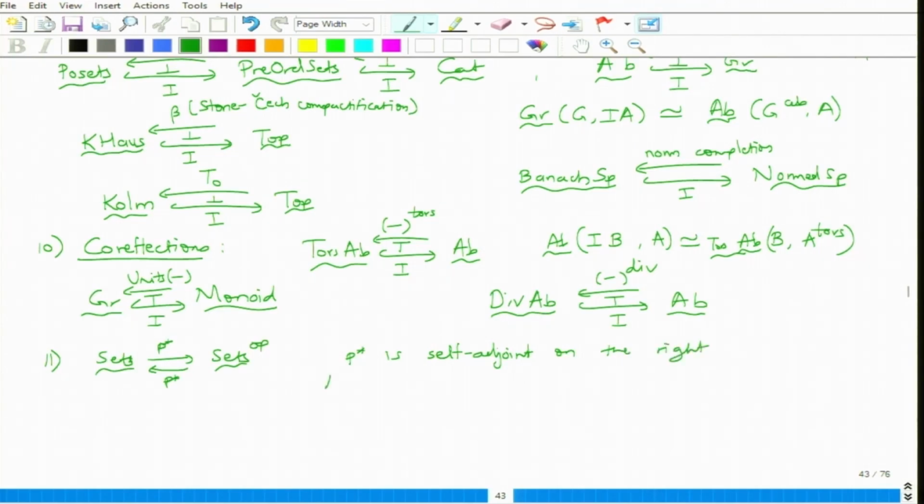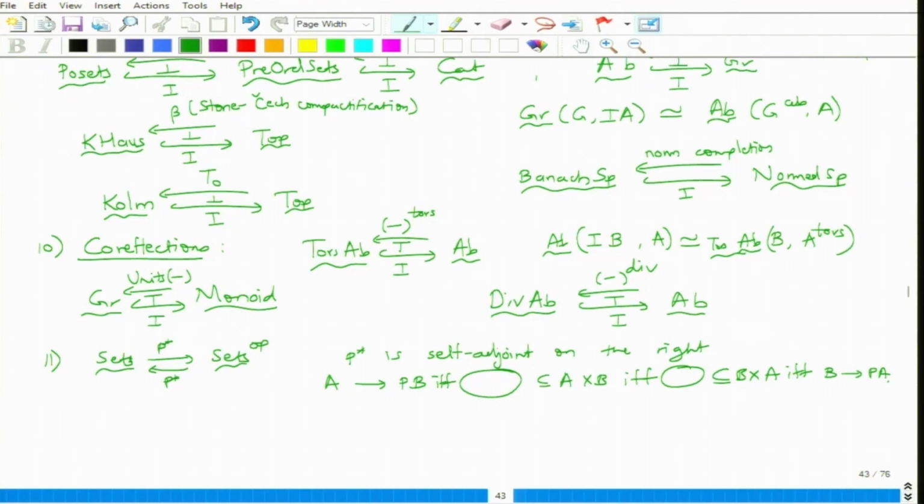Because what you have to see is any morphism from A to PB ultimately has to do with some subset of A cross B. I'll ask you to figure out which subset, fill in this blank, if and only if, and I can swap A and B, and if and only if there is a morphism from B to PA, same way.